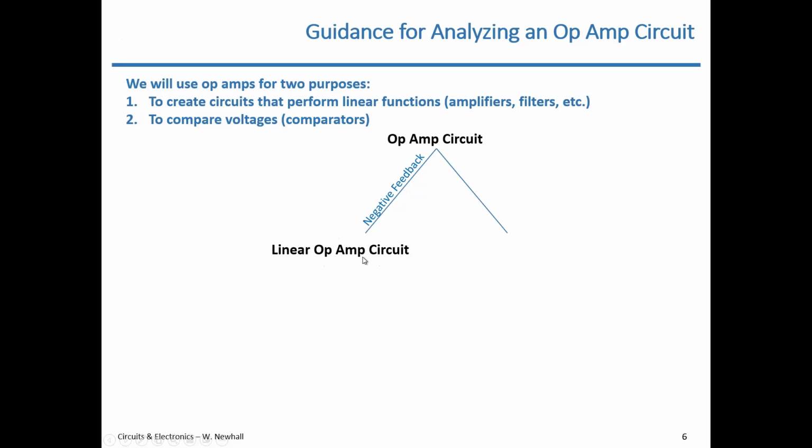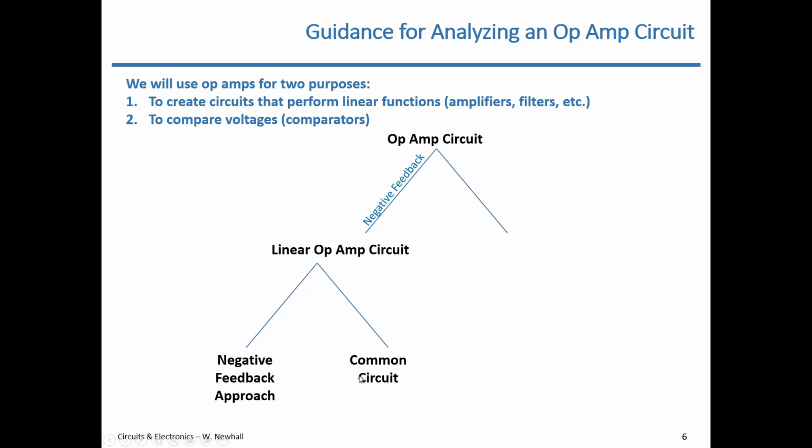If you have a number one linear op-amp circuit, then if you've never seen the circuit before, you're going to use what we call the negative feedback approach. Okay, I'll show you how to do that. If you've seen the circuit before and you just know the answer, you know the gain of the amplifier, we're going to call that a common circuit. You already know the gain, you know the equation, so you don't need to do the negative feedback approach.